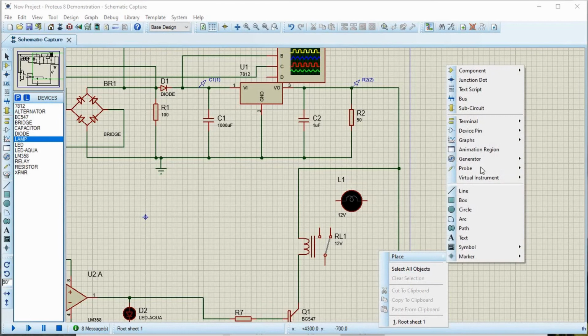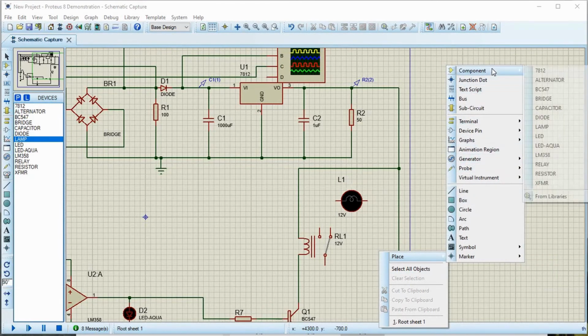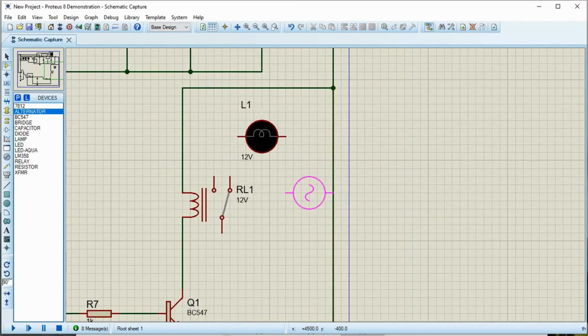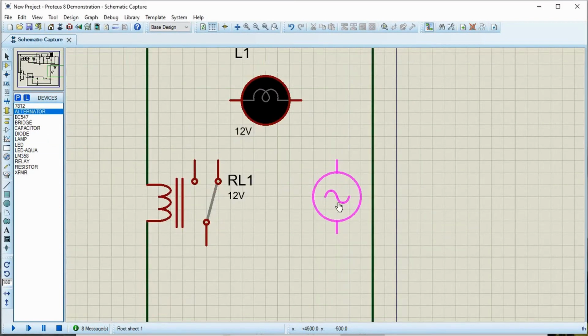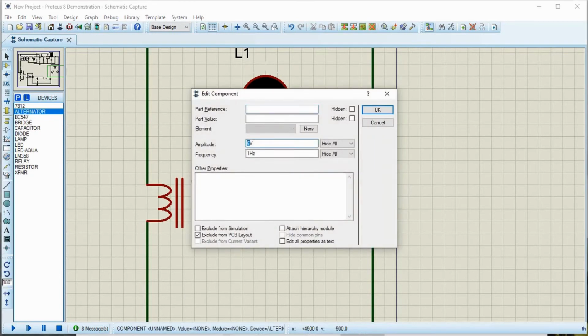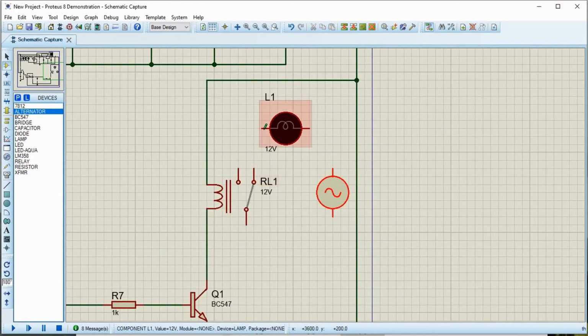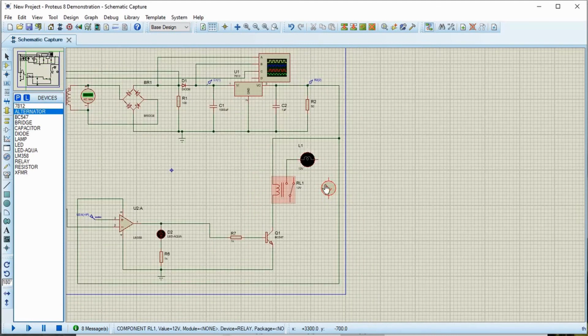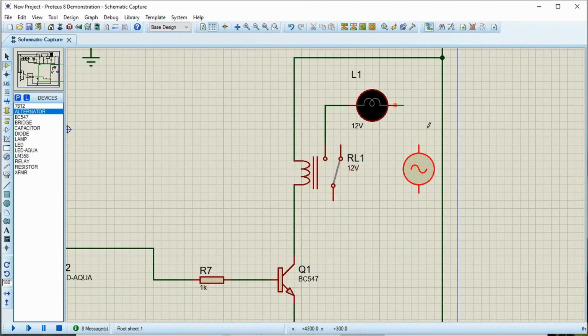This is a 12 volt bulb. Let's put another alternator. This is the ideal scenario, so this bulb is not going to fail. So I'll put around 220 again. Let me put around 300 volts peak, 50 hertz. I'll put it to normally open. So only when this relay is on, your appliance will get the power.